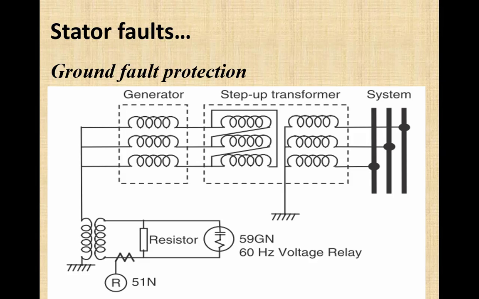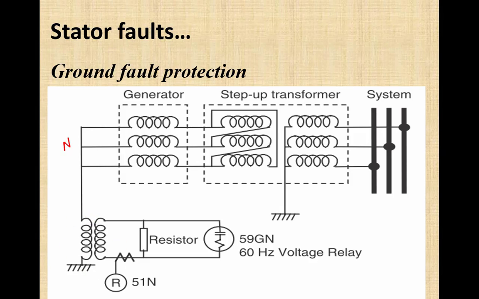Delta side will always be towards the generator, and then that generated power will be connected to the system through this transformer at transmission voltage level. Here the neutral of this generator is connected to ground through this grounding transformer.